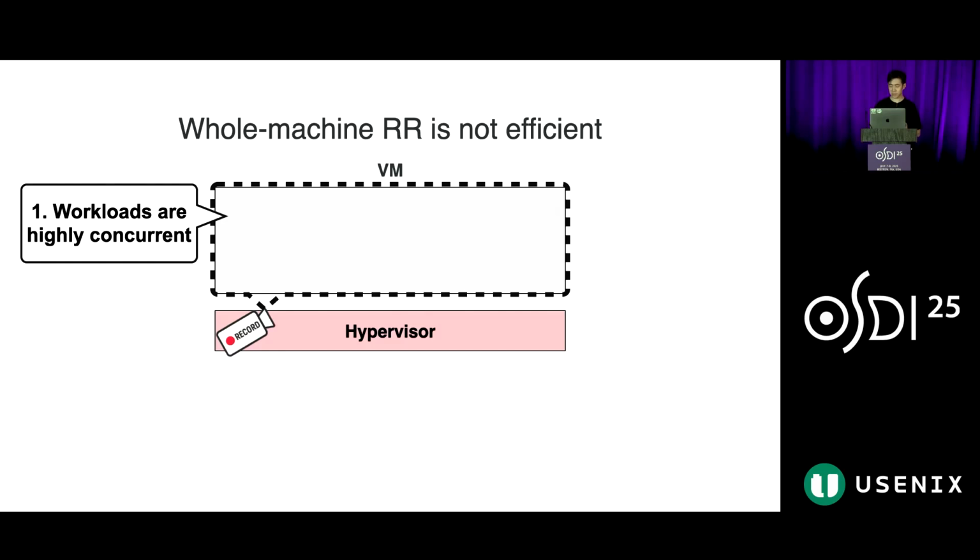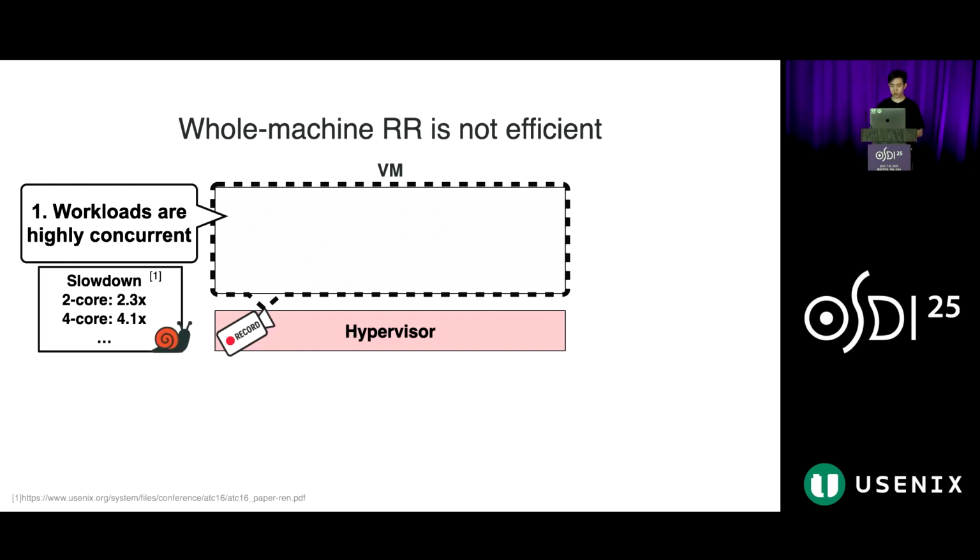As explained, whole machine RR has to record the memory access ordering somehow, which introduces significant overhead to the entire system. For example, prior work presents a slowdown of 2.3 times on a 2-core VM and 4.1 times on 4 cores, indicating the lack of scalability with the core numbers.